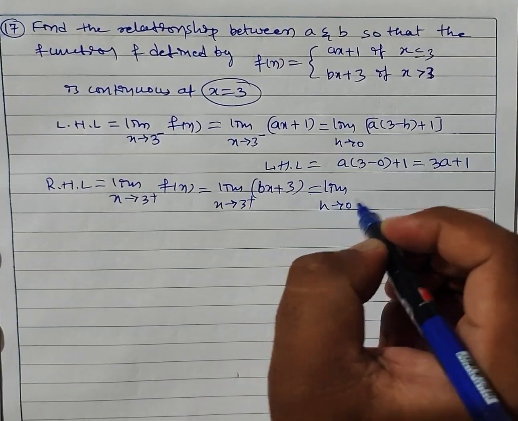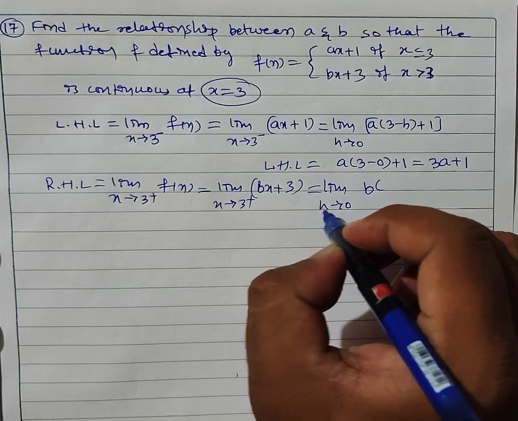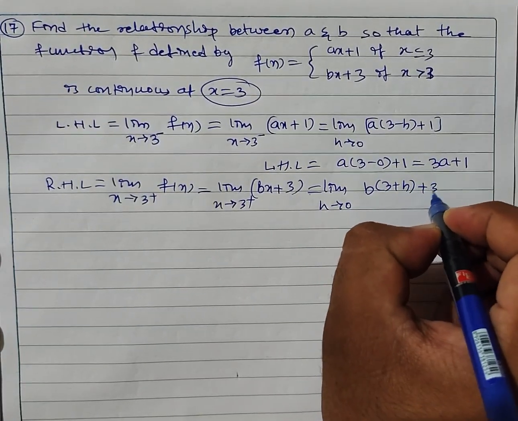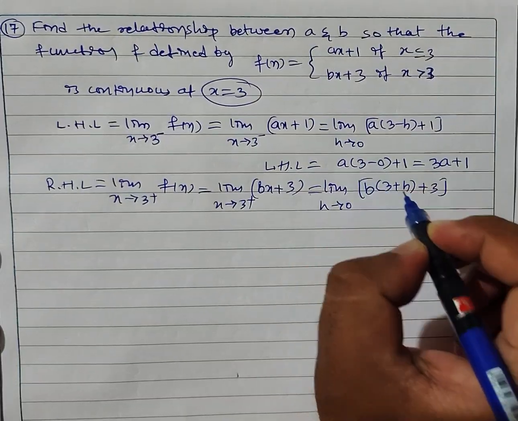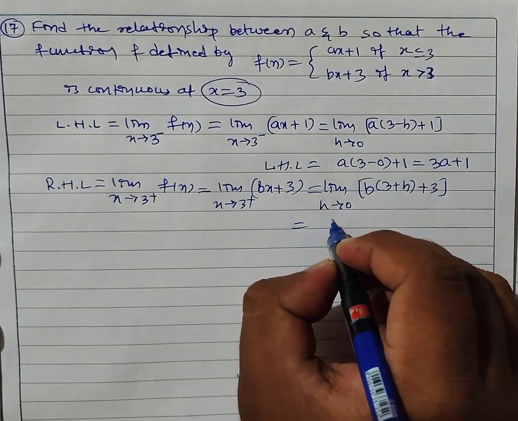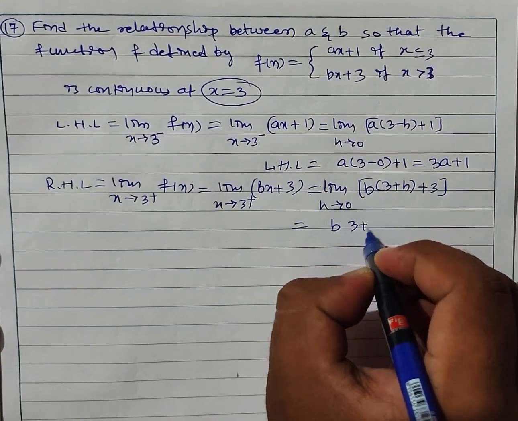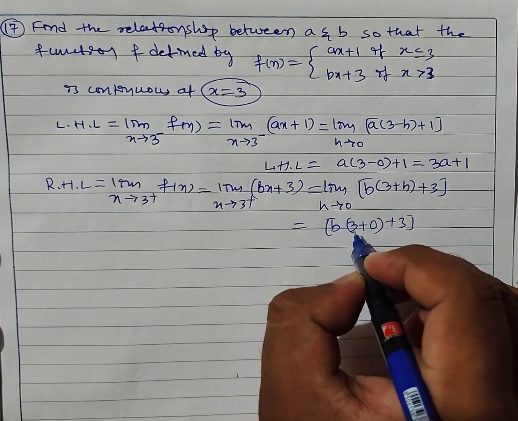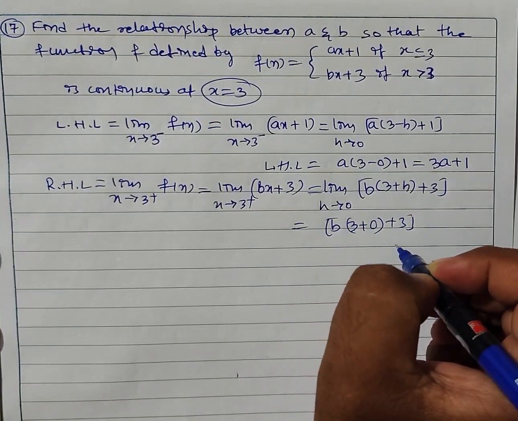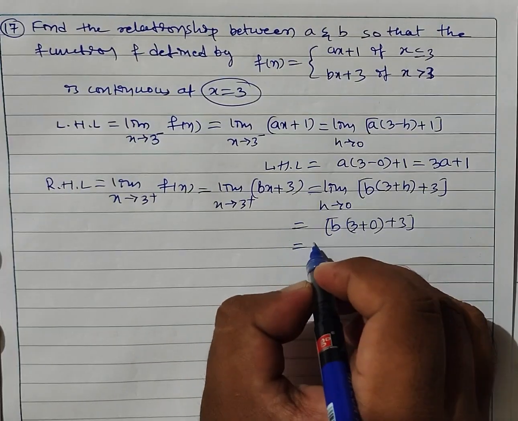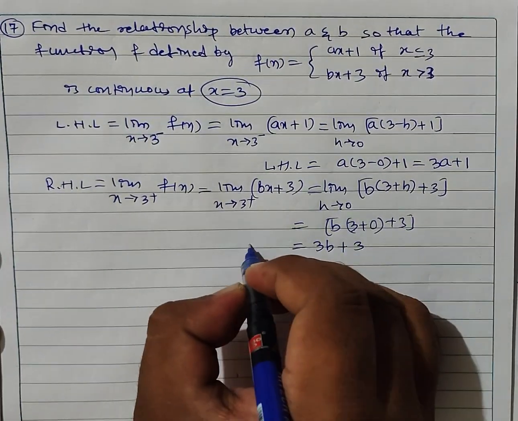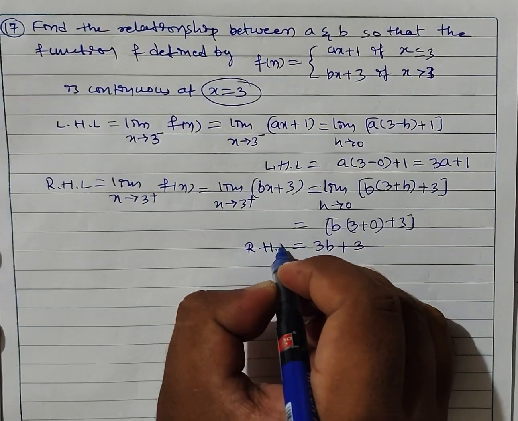Limit h tends to 0, b into, where it is x, x is replaced by 3 plus h, plus 3. Okay, bracket close. So that is equal to, substitute the limit value, b into 3 plus 0 plus 3. 3 plus 0 means 3. 3 into b means what? 3b. 3b plus 3. Okay. This is the right hand limit.